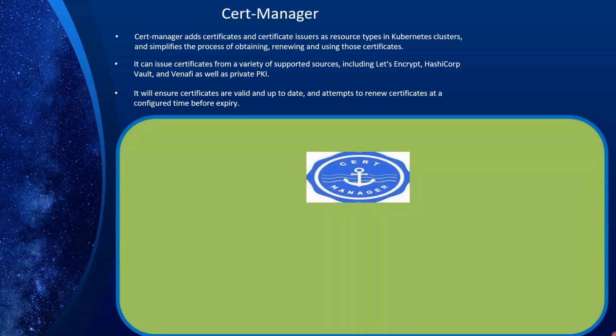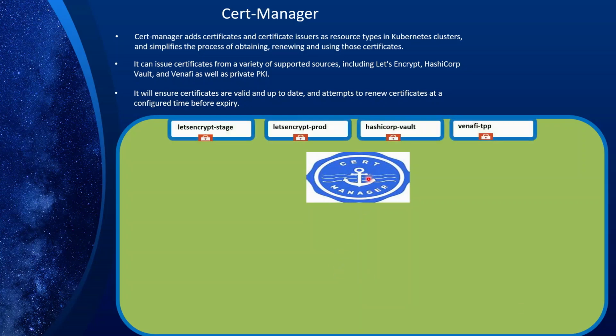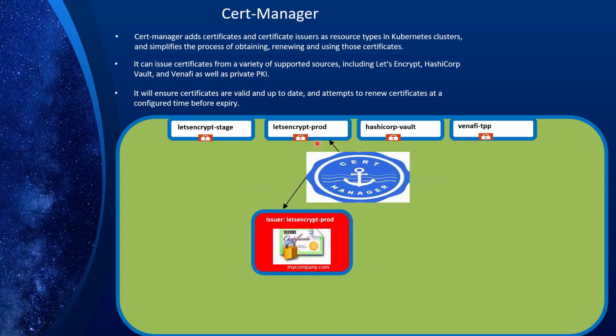So these are some of the benefits that Cert-Manager brings to the table. Let's take a look at an overview of how that works. We have Cert-Manager installed in our Kubernetes environment, and these are some of the supported providers, such as Let's Encrypt, HashiCorp, Venafi. It could also be private PKI infrastructure. When you want a certificate, you specify which one of these providers you want the certificate from, and Cert-Manager will get that certificate on your behalf.